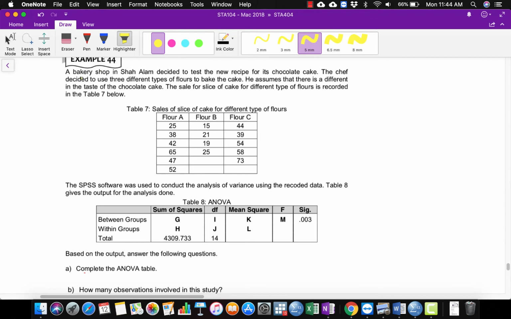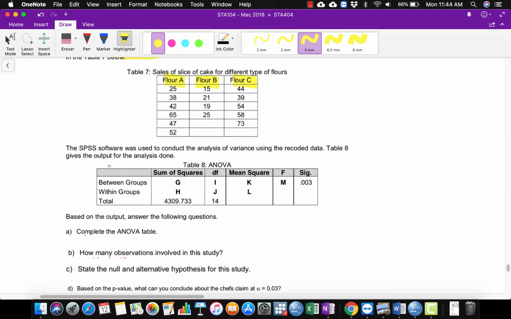The chef decided to use three different types of flour to bake the cake. He assumed that there is a difference in taste of the chocolate cake. The sales per slice of cake for different types of flour are recorded in table number 7: flour A, flour B, flour C.